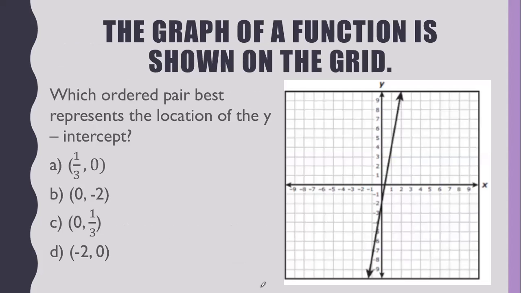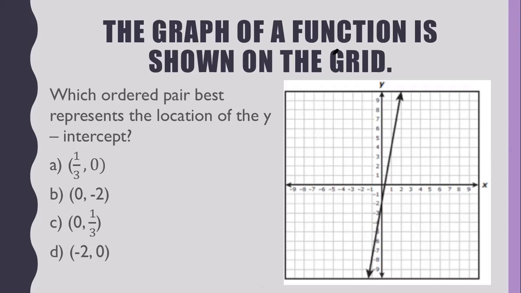Okay, this is a question that many people on the quarter 3 test got wrong. What is the y-intercept? Where am I looking for the y-intercept? On the y-axis, where it hits the y-axis. Everyone, please identify the y-intercept of this graph.